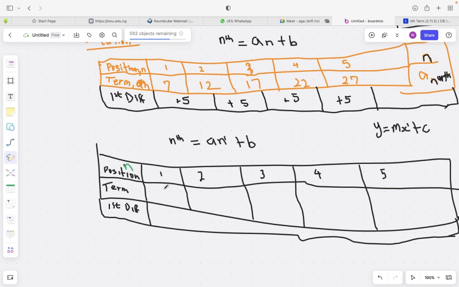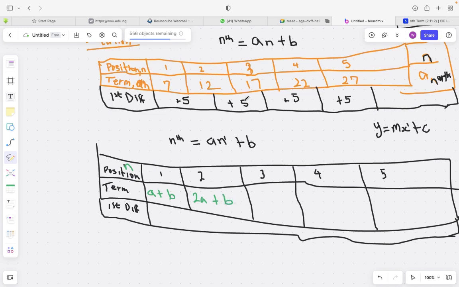So where n is 1, you put in this formula. 1 times a is a, so you write a plus b. b is a constant, so you just write b. The first one will be a plus b. So the second one will be what? n will be 2. So you replace here with 2. 2 times a is 2a, so here you have 2a plus b.